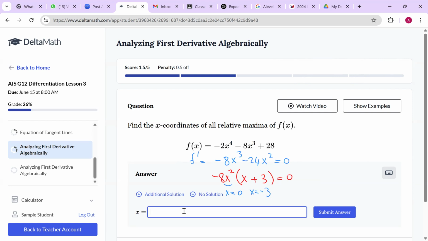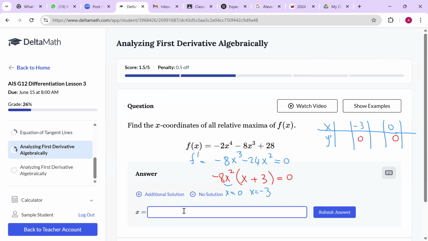Now we're going to draw the table. X versus y dash. Leave an empty box, write -3, leave an empty box, write 0, leave an empty box. These are 0 here. And we want to get the sign of f dash between them.